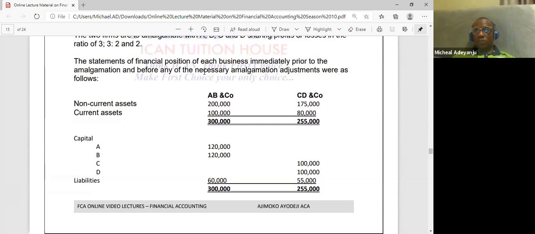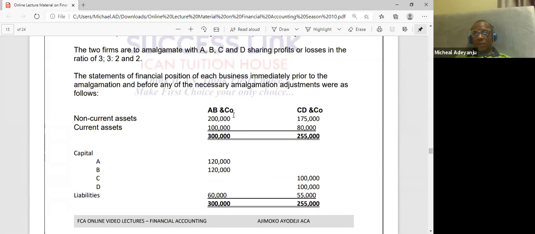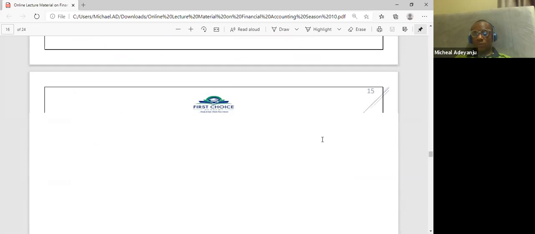The statement of financial position of each business immediately prior to amalgamation and before any of the necessary amalgamation adjustments were as follows: AB and Co, CD and Co, for non-current assets and for their current assets. So at the end of the day, when you are merging them together, you are just adding these two figures together to get your total, the new total worth of the business.